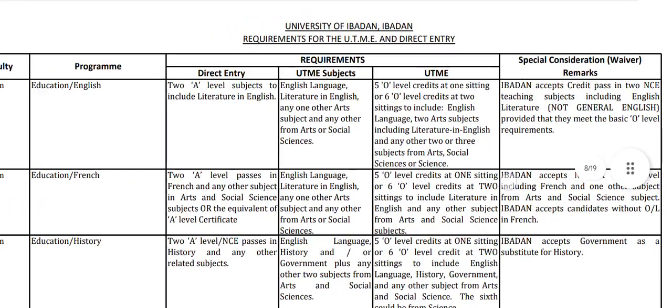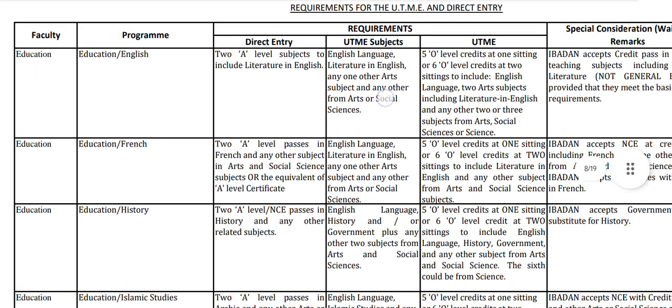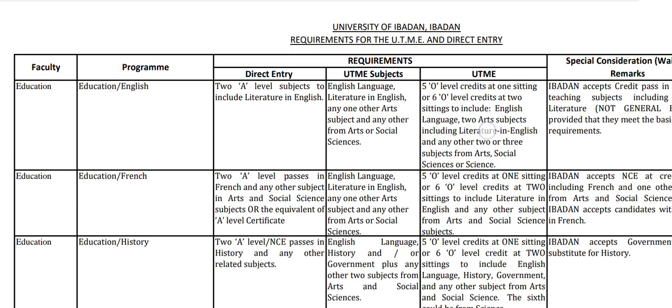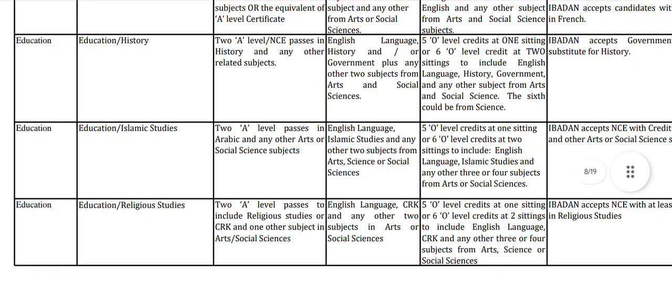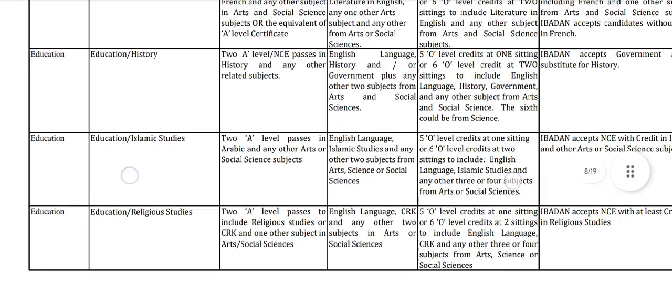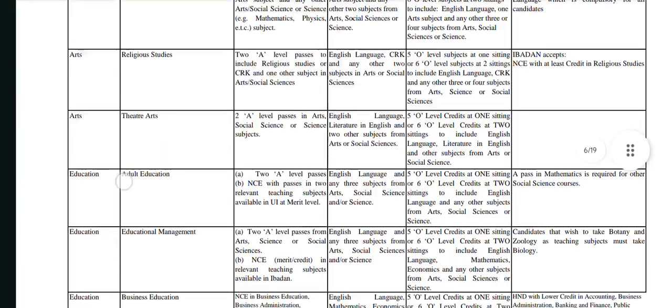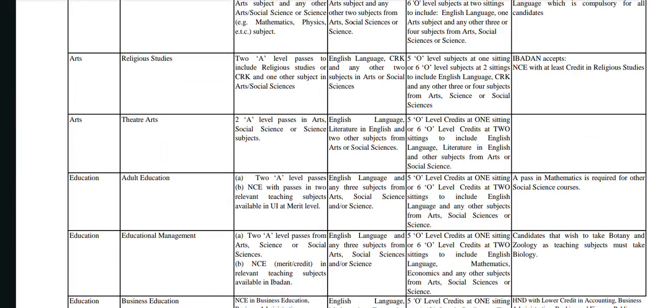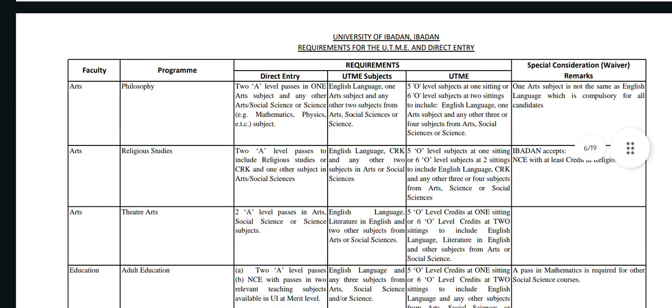And I pointed out that the parts that are applicable to you under this document are the UTME subjects and the following one, which is O level subjects. So please, before you choose UI or a particular course you want to study in UI, check the UTME subject combination and also the required O level subjects.